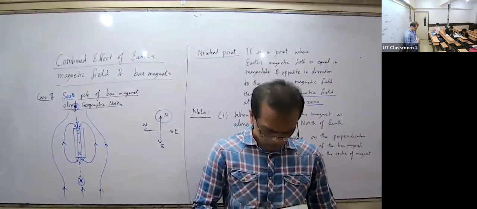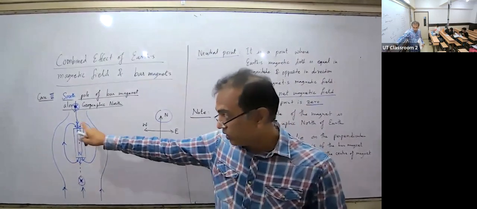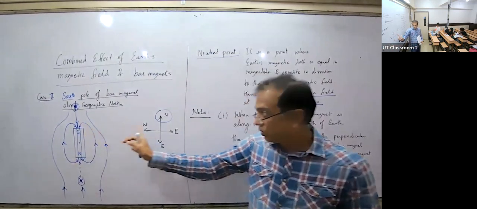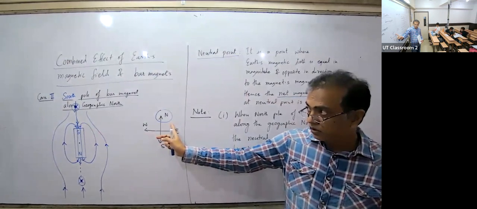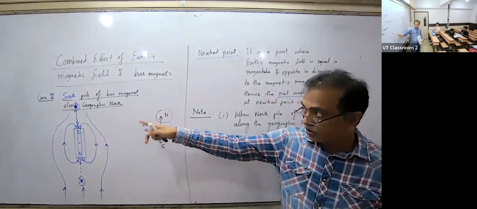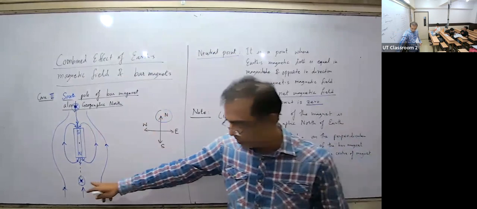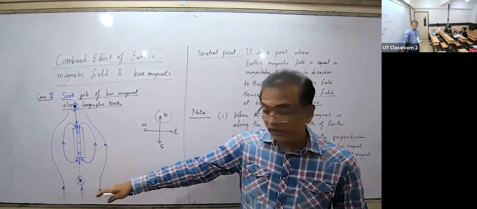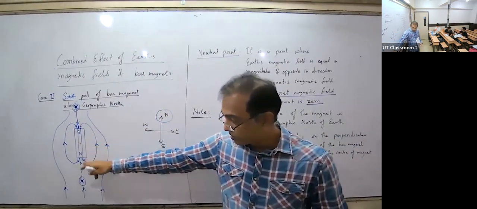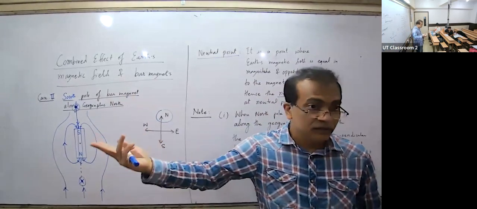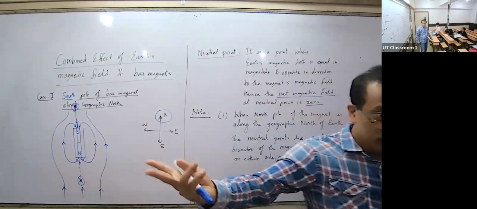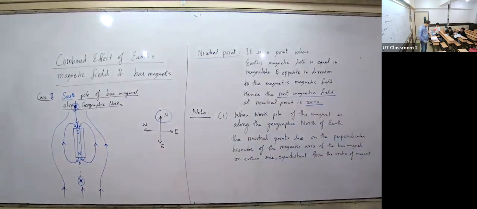Clear? So it depends upon which pole is along which side of the Earth's geographic direction. So when the south pole of the bar magnet is along geographic north, the neutral points lie on the magnetic axis itself, equidistant from the center of the magnet on either side. Clear? Right now. Case 2.